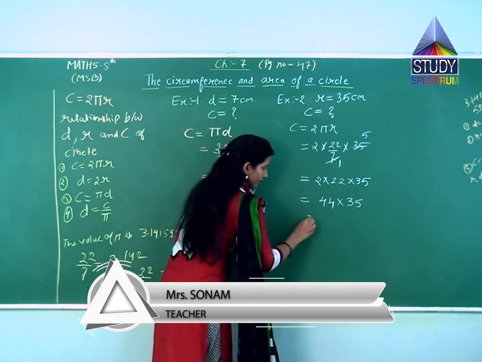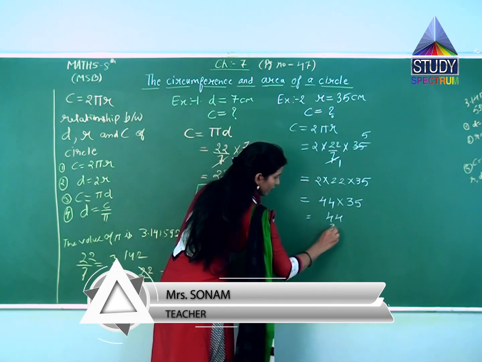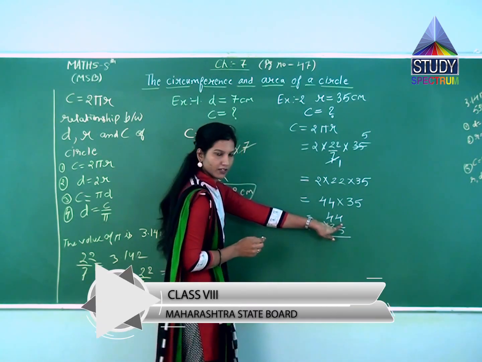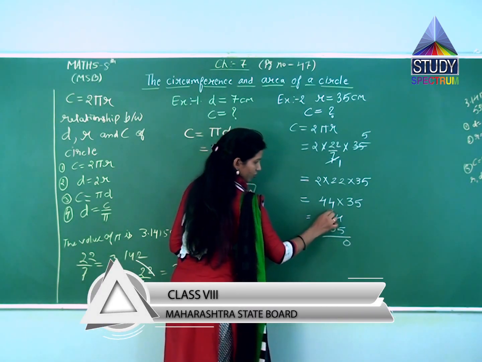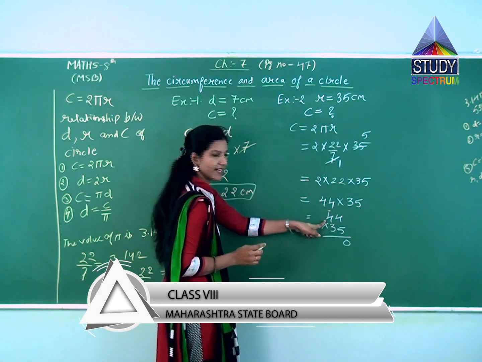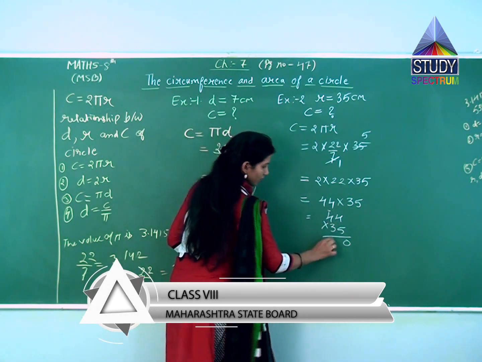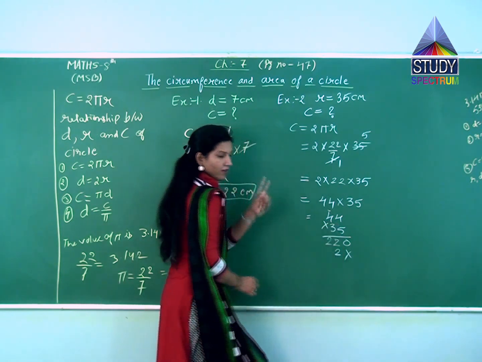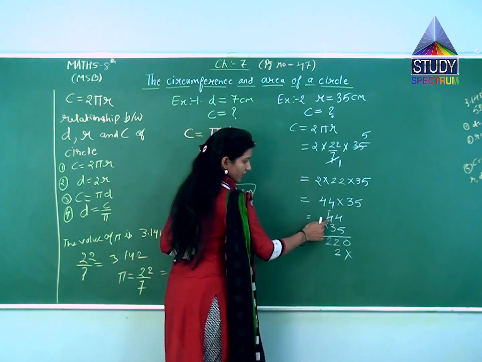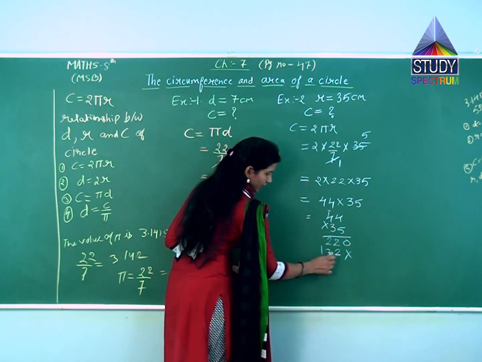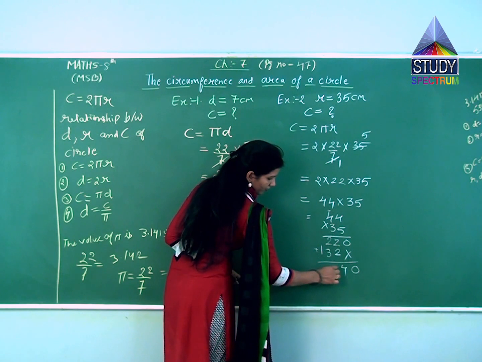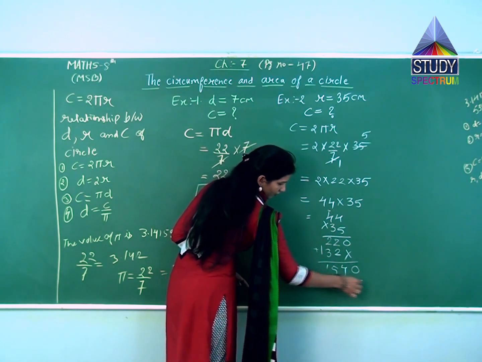Let's find out. Here we will multiply 44 by 35. 5 4s are 20. 2 carry forward. 5 4s are 20. 20 plus 2, 22. 3 4s are 12. 1 carry. 3 4s are 12. 12 plus 1, 13. And on adding this we get 0, 4, 5 and 1.